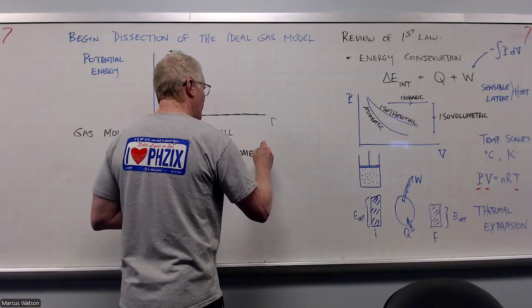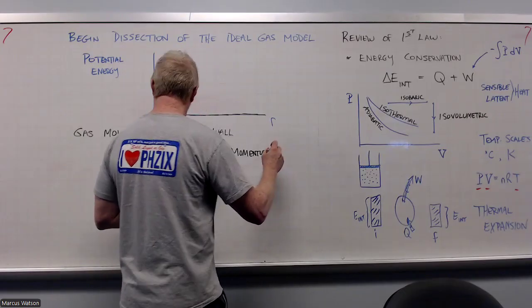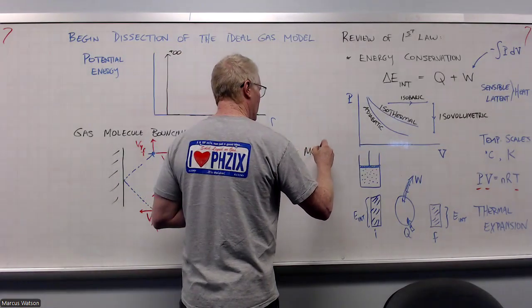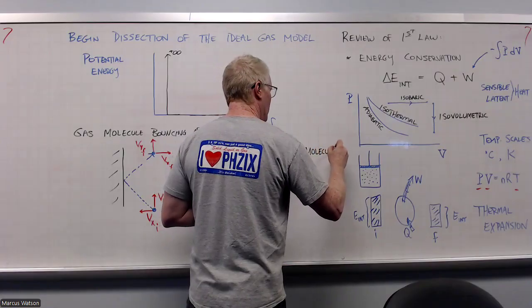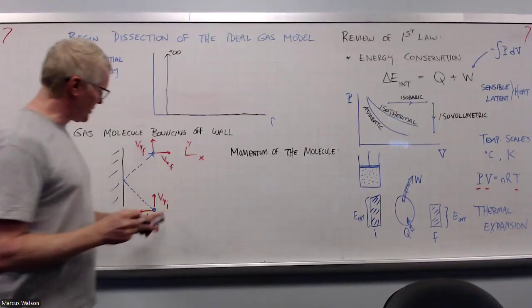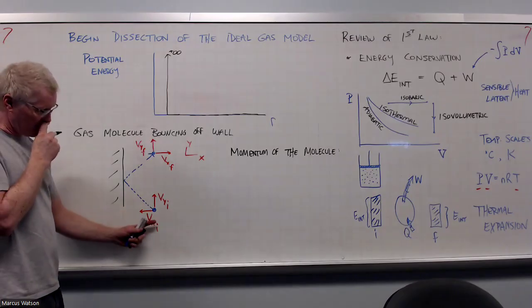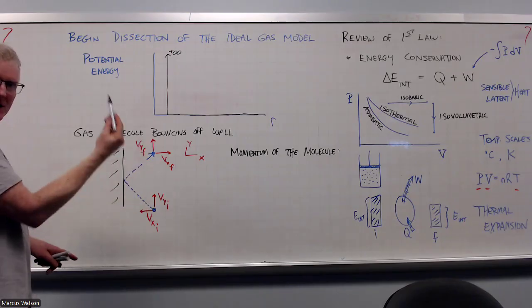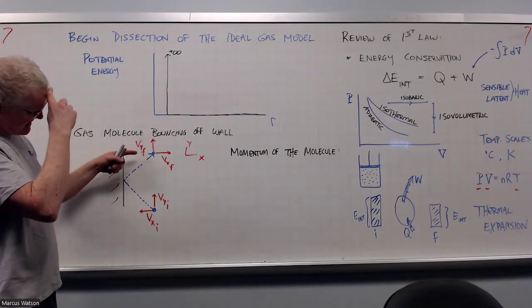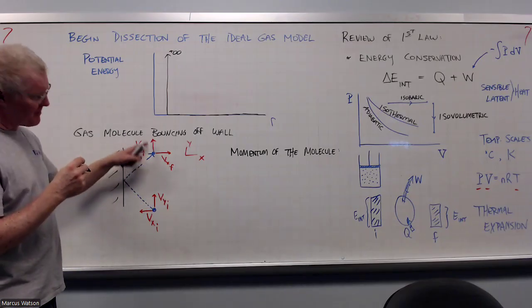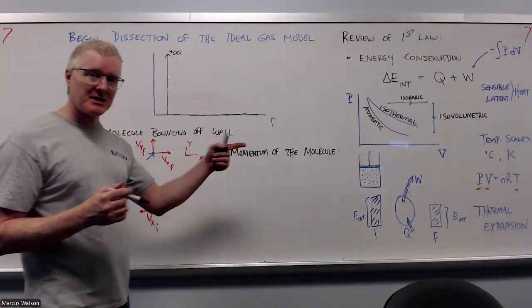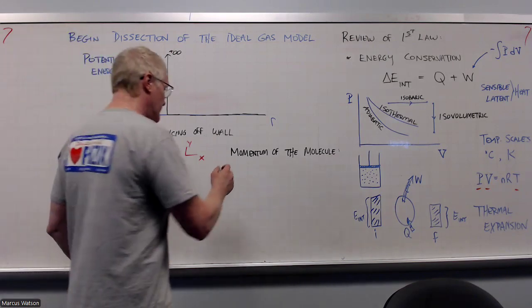If I examine the momentum of the molecule, initially it has some momentum in the negative X direction, and some in the positive Y. The positive Y component seems like it would probably be preserved. The X component has definitely changed.